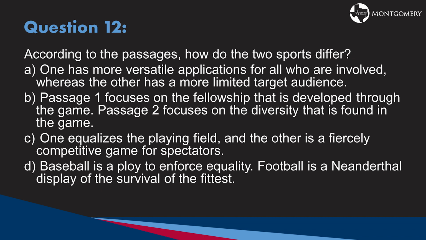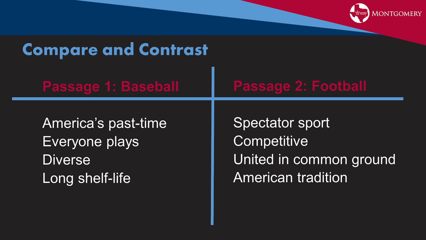If we look at B, passage 1, that's going to be baseball, focuses on the fellowship that is developed through the game. Passage 2, that's football, focuses on the diversity that is found in the game. If you are looking closely at your passages in our T diagram, you'll notice that they actually mixed those two passages up. So when they're talking about passage 1, that's actually going to be football.